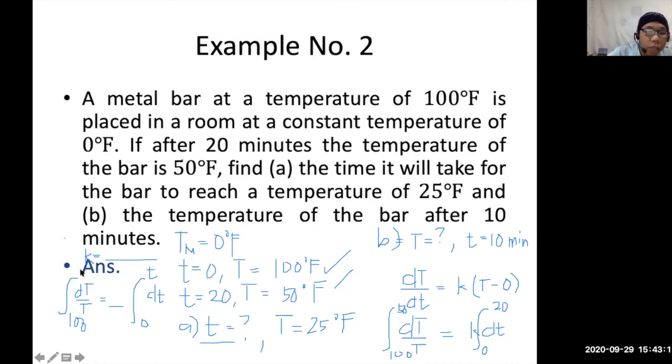You have 25 on the left-hand side. So we can actually solve now. What is the value of k here? Plug in the value of k. Right? So the limit on the left-hand side is 100 as the lower limit, and the upper limit is 25. So the time you get is that.